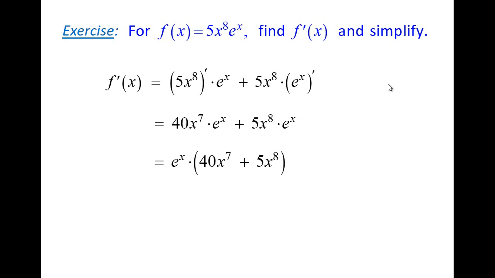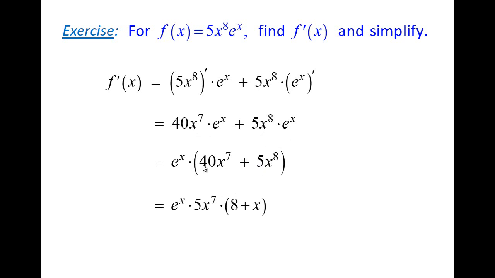And so what we're going to do here is that we will factor out e to the x, and if we do that, we get 40x to the 7 plus 5x to the 8. And notice that right here I can still factor out a 5 and x to the 7.